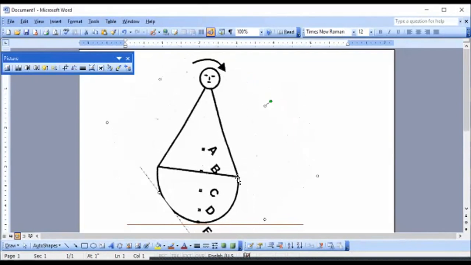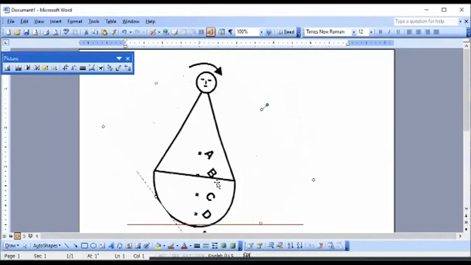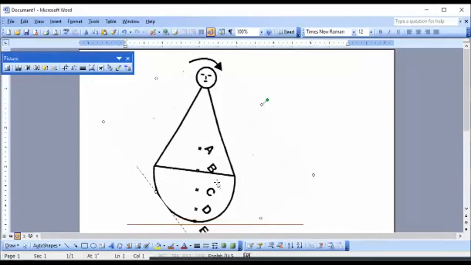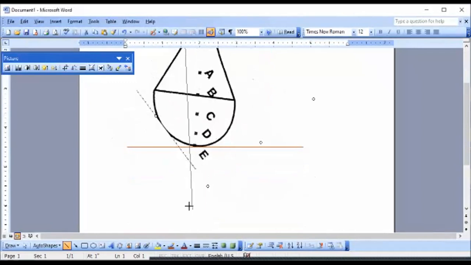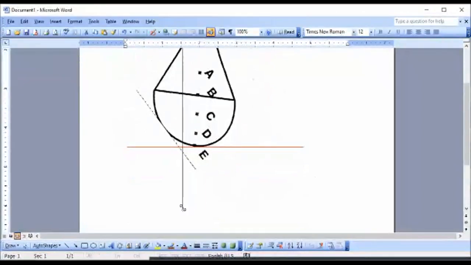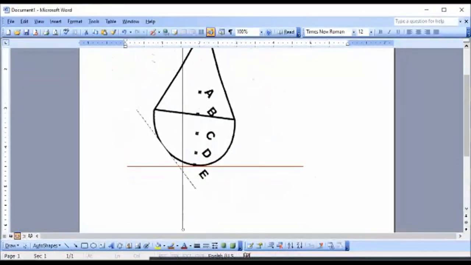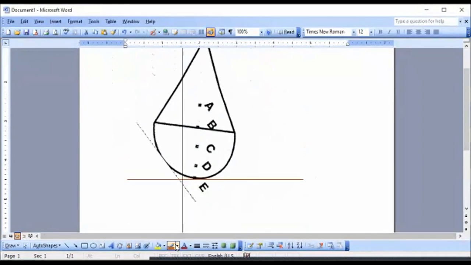Then the point of contact is this. So the object is in contact with the ground at the point E. So what should we do here? We should draw a vertical line through the point of contact.